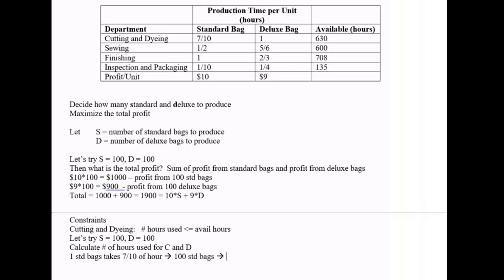So it's going to take 100 times 7/10 of an hour, right? So 7/10 times 100 is 70 hours. Now, what about deluxe bag? Well, one deluxe bag takes 1 hour, so 100 deluxe bags will take 1 times 100, which is 100 hours.